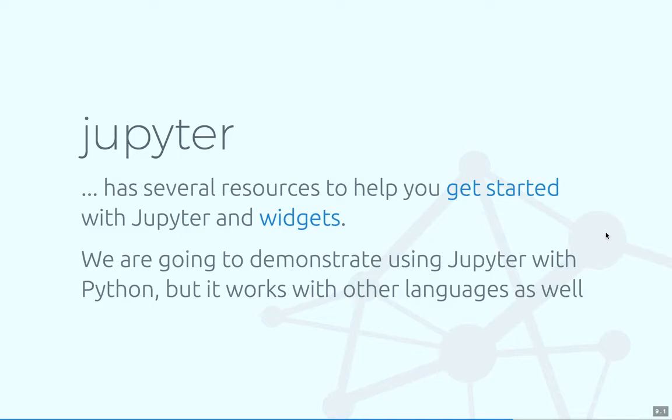As I promised, one more time, Jupyter has a very good getting started guide, and the same with the widget guide. Please look there for comprehensive documentation on how to use this tool. Essentially, Jupyter is a web platform for interacting with, running, and documenting code.